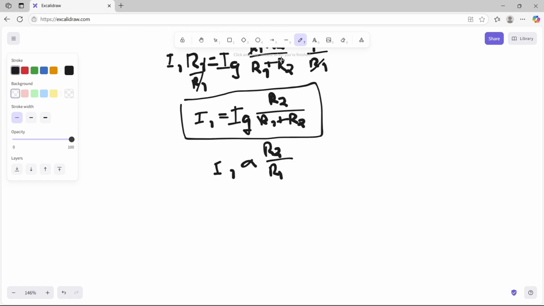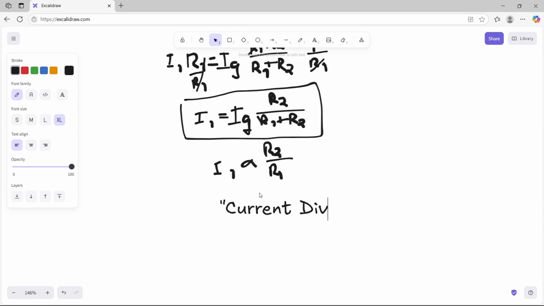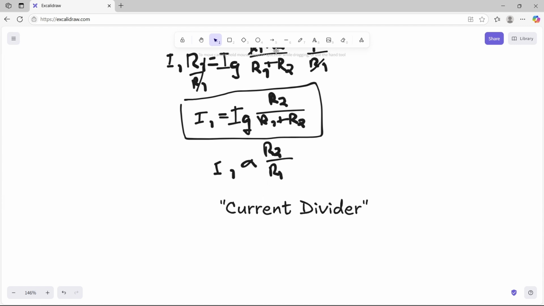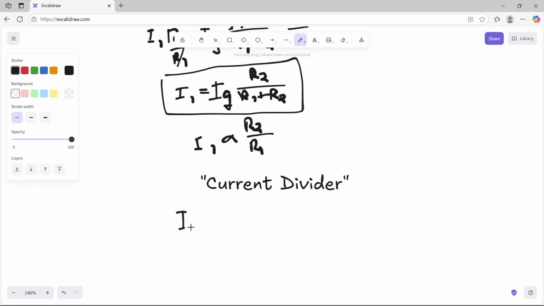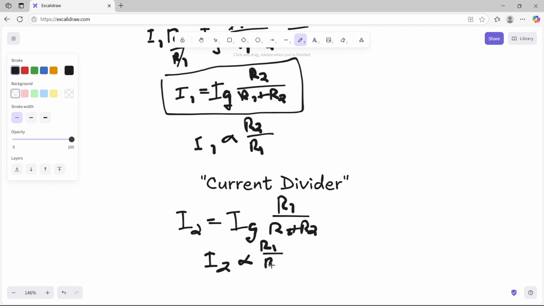This is what we call a current divider, because the current IG is being split between I1 and I2 according to R1 and R2's values. And we can similarly write that I2, through the same mathematical steps, would be equivalent to IG times R1 over R1 plus R2. Once again, I2 would be proportional to R1 over R2.